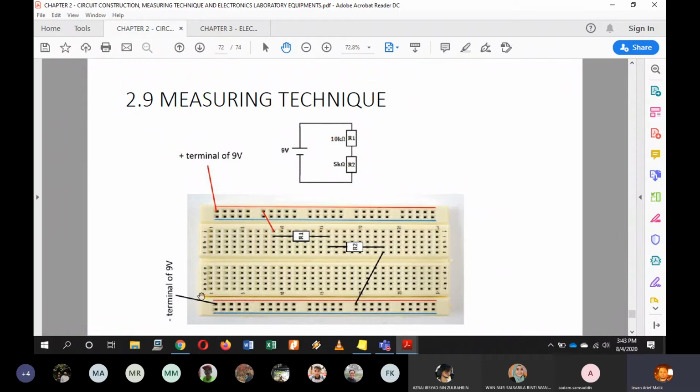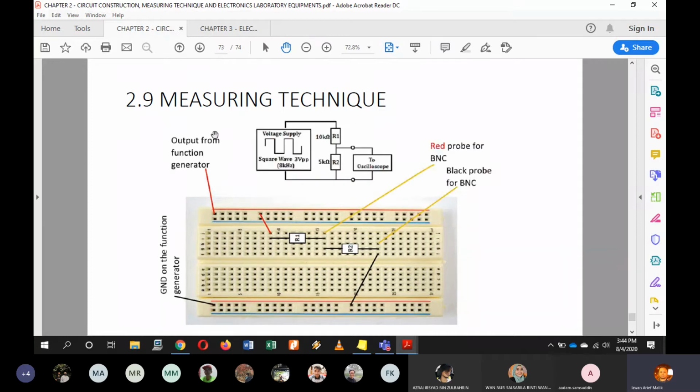So positive battery, negative battery. So the connection will be from the battery goes to this line, and then will be transferred into this row, and then it will go through the R1 before it is transferred to R2, and then from R2 will be transferred into the negative terminal voltage. Okay.